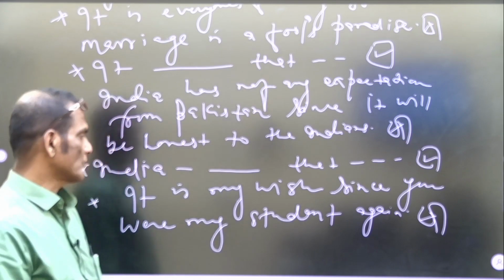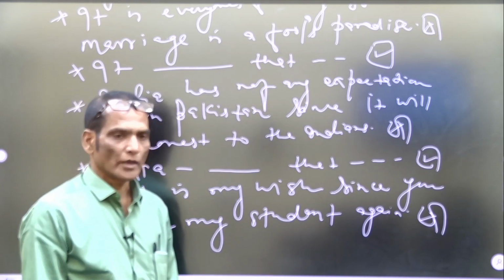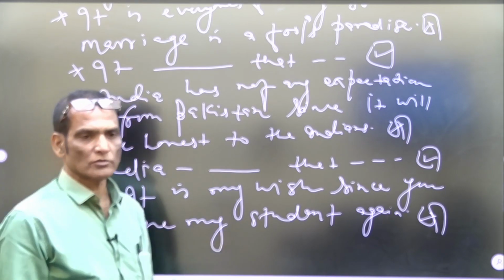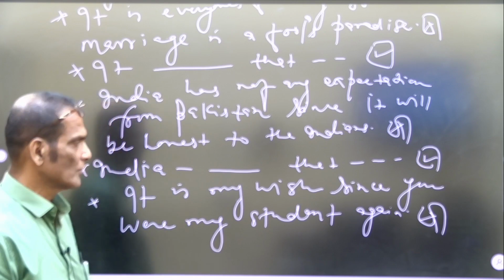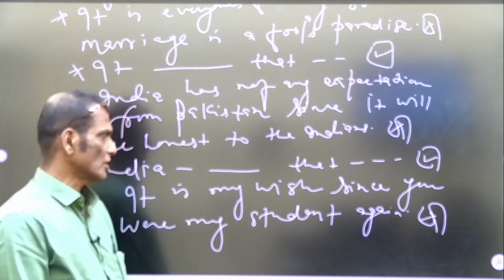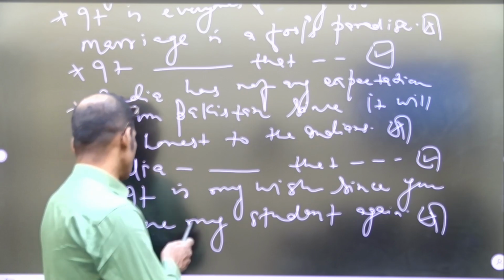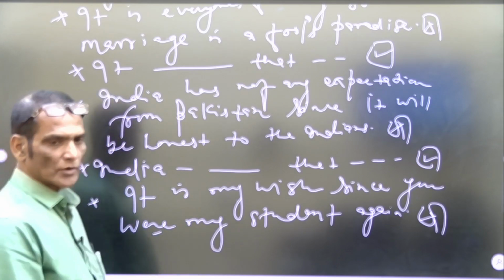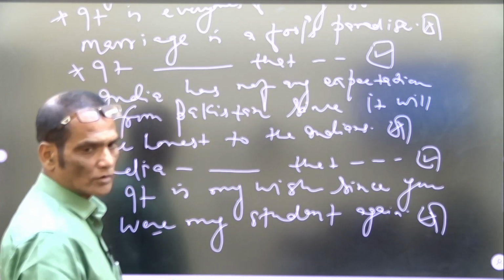Here I am talking about my wish, and if something is a wish, the subordinate clause is written in past time, and there is no agreement between subject and verb. So here I have written were. So it's a complete imagination, not a real sentence.